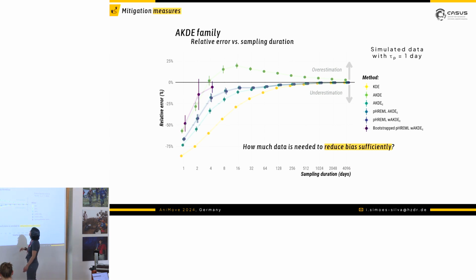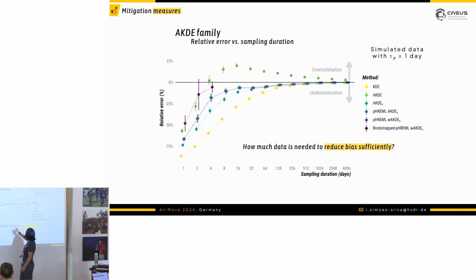So we can see here for the conventional KDE, which is the yellow, you need a very large sampling duration and effective sample size to get close to 0 relative error, right? And then it starts getting better with some of the corrections that we have, both the area correction and this PHRML as well.